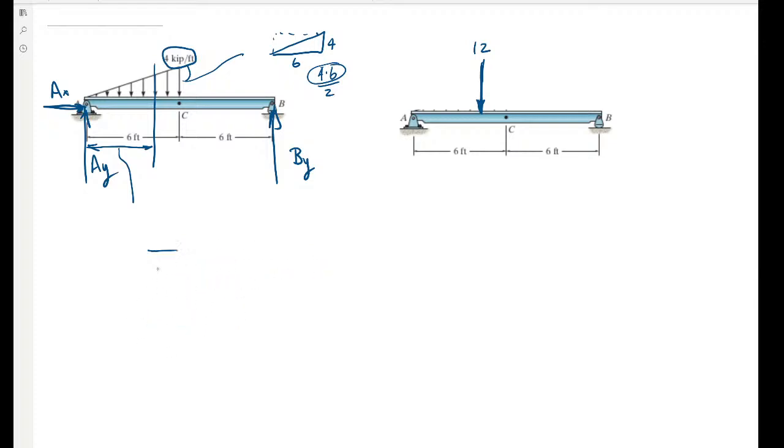So in fact, since this is a value 6, this value is 2/3 of 6, or 4. I'm trying to find something to put under. Hang on.